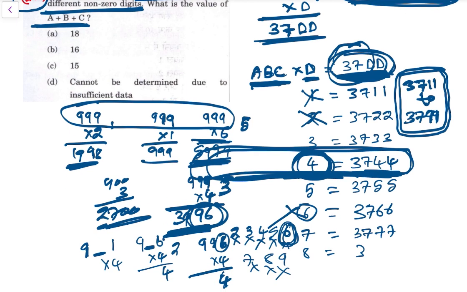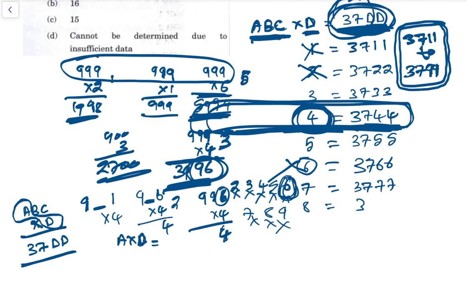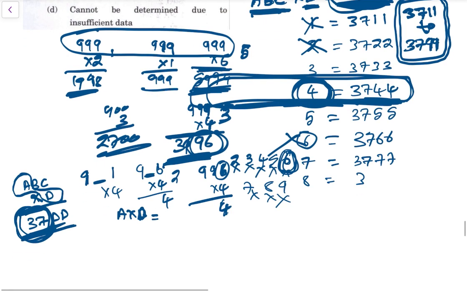I am thinking that with better understanding we can solve this question in 1 minute, but I am trying to explain things. So look, let's take ABC into D, that is 37 something, right. Now you know this last part is A into D, which has to be somewhere near 37, however much you add or borrow.